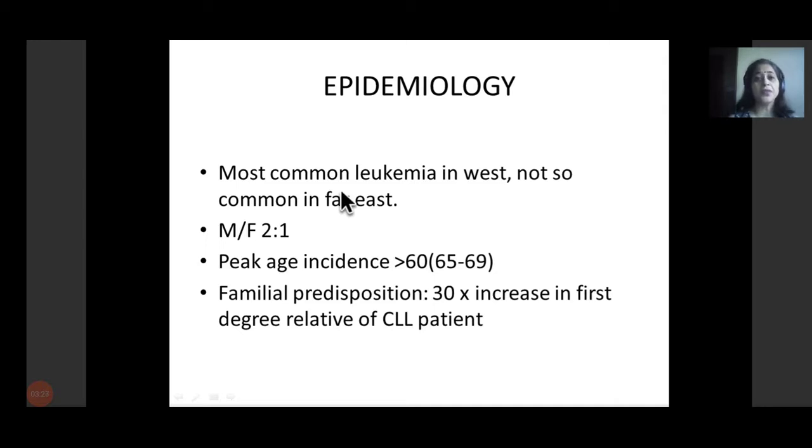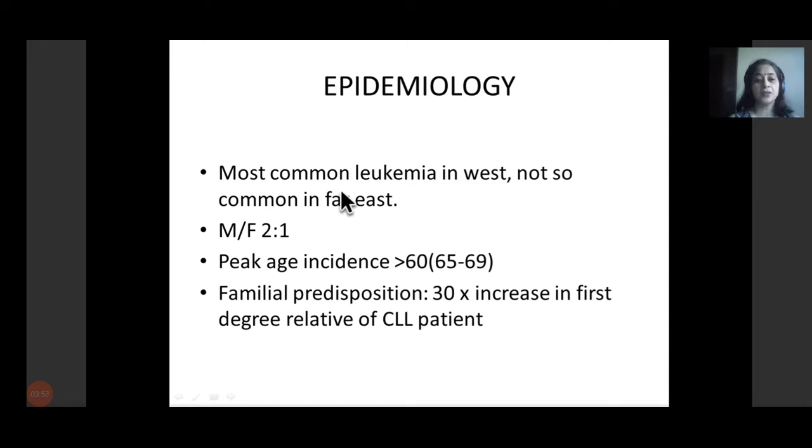So now we discuss the epidemiology, that is, the distribution of CLL throughout the globe, and the gender and age which are involved. We find that CLL is more common in the Western population compared to people who live in the East or the Far East, with more involvement of males than females, with peak age incidence of more than 60, ranging from 65 to 69 years.